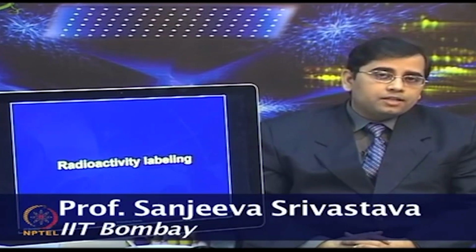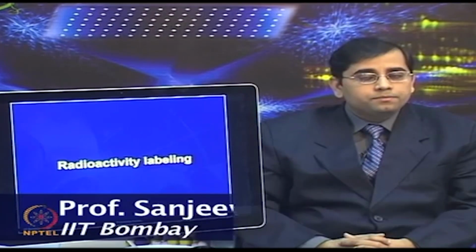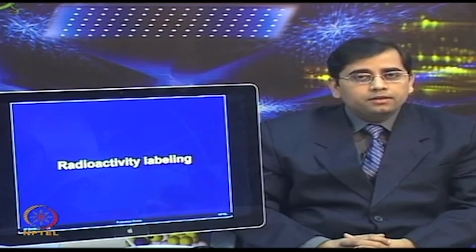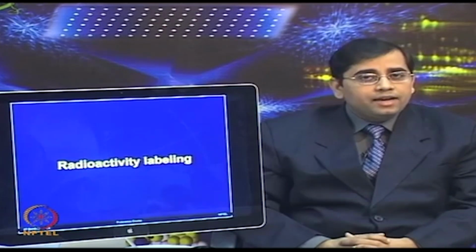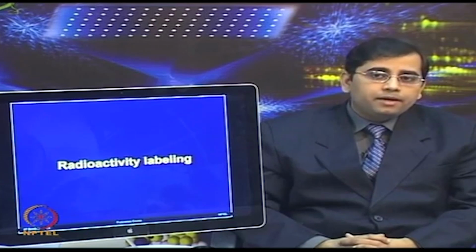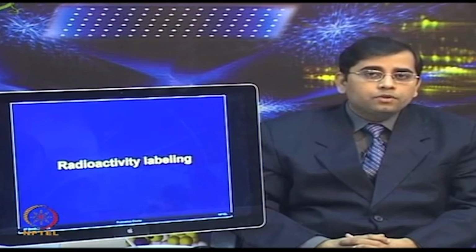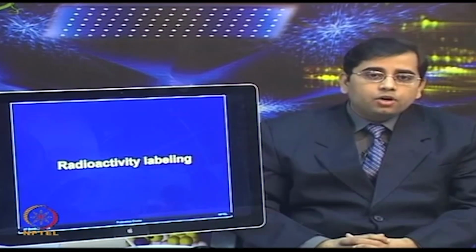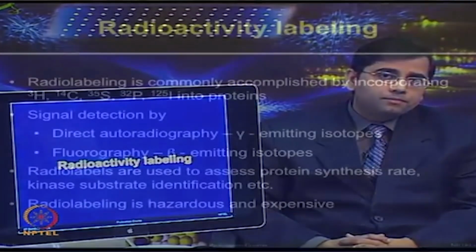There are various applications where radioactivity labeling have been employed: antigen antibody, protein protein, protein DNA and protein RNA interactions on the microarray surface can be studied by using the radio labeled query protein or antigen that gives out radiation on binding to the corresponding target molecule.